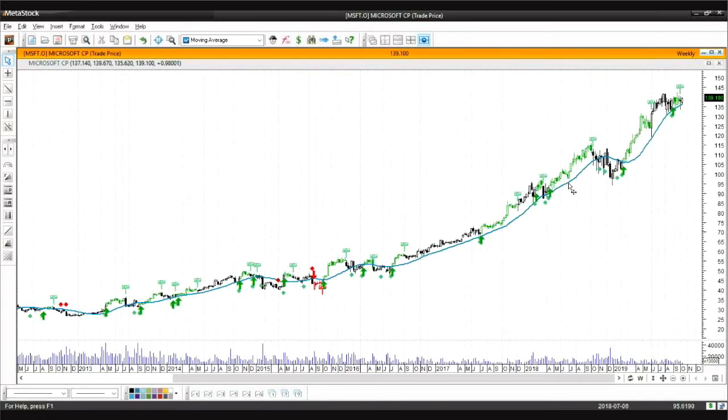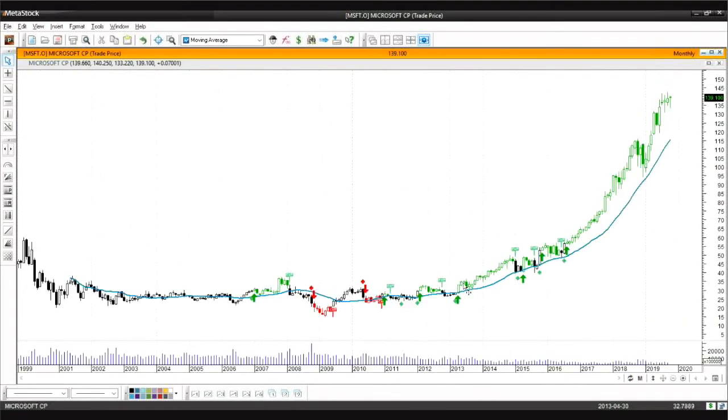Here's Microsoft, and here's the weekly. And there was one miss there, but you had a couple of other really nice trades. Let's go back. Let's look at the monthly. There it is. Beautiful. So this one, going back to 2016, again, you don't have to hold the whole way through.